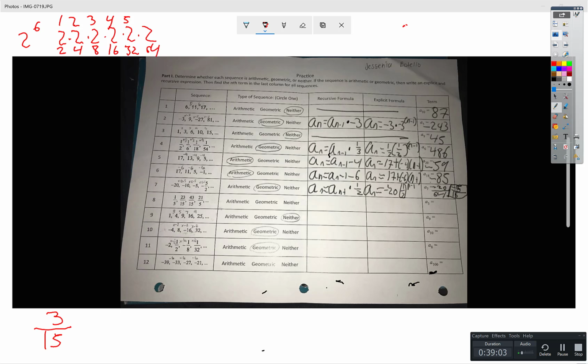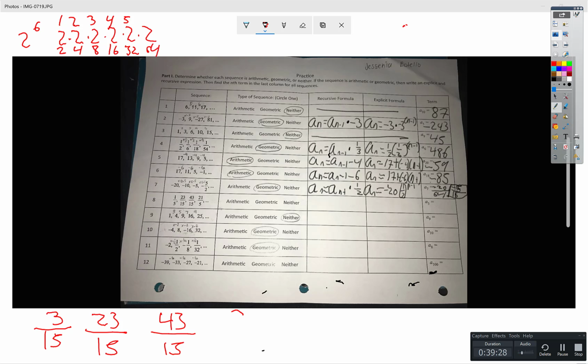So you have 3/15 for the first term, then 23/15 for the second term, then 43/15 for the third term, and then this says 21/5. Well, 21 times 3 is 63.